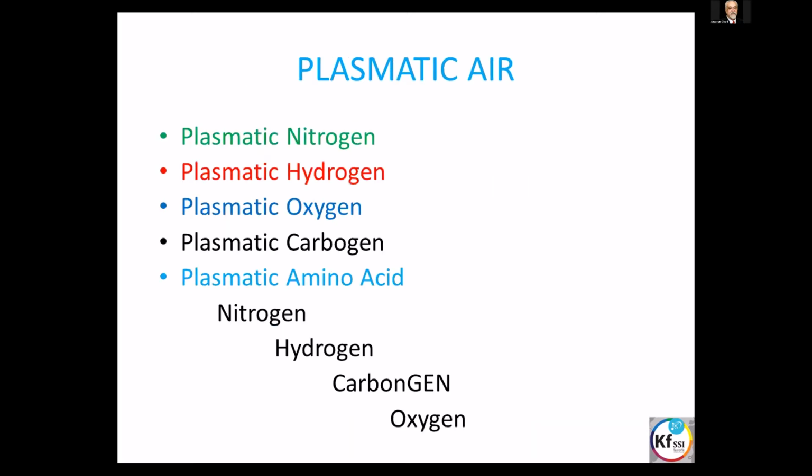So there are states of energy that we all understand. And the one that was new to the plasma science, of course, is the energy of the air, because the air is one of the energy states that we have. But within the air that is around the Earth, we have within the air a plasmatic air, which in previous classes we've identified as plasmatic nitrogen, plasmatic hydrogen, plasmatic oxygen, plasmatic carbon, and in fact, plasmatic amino acid.